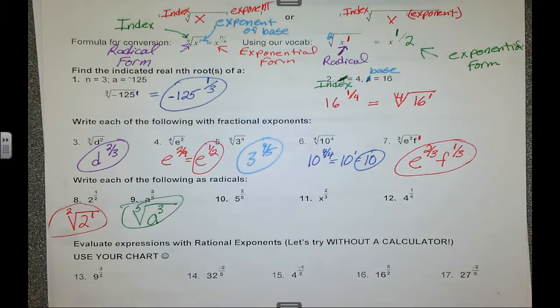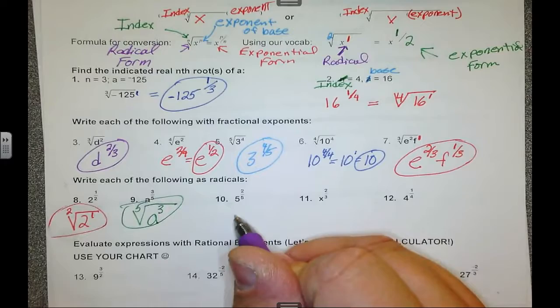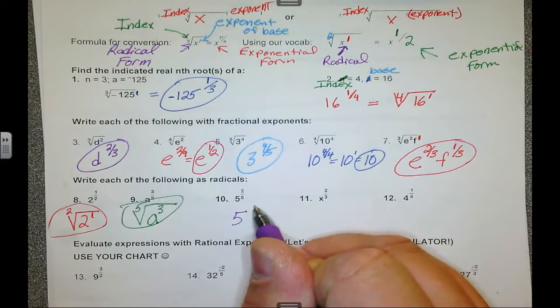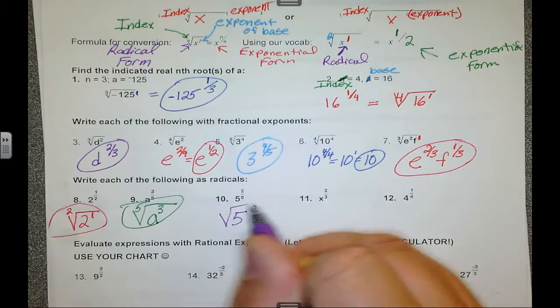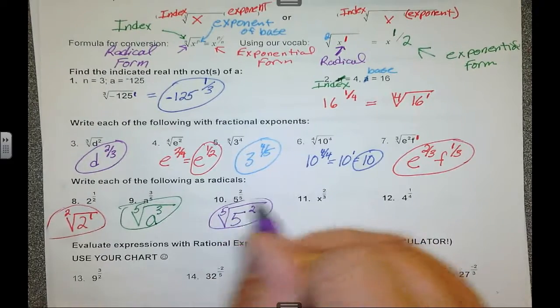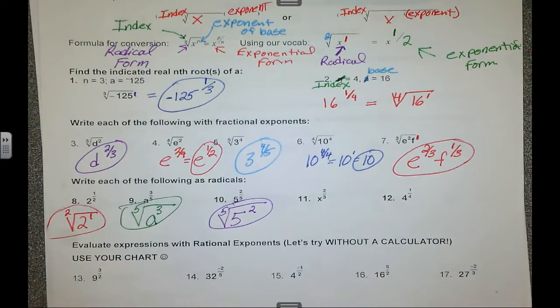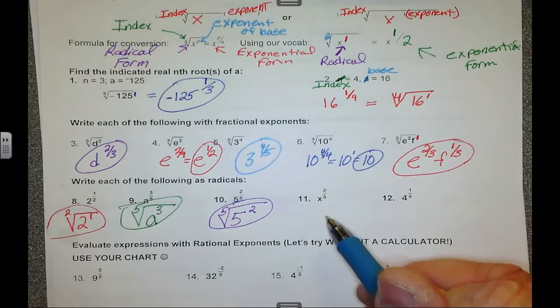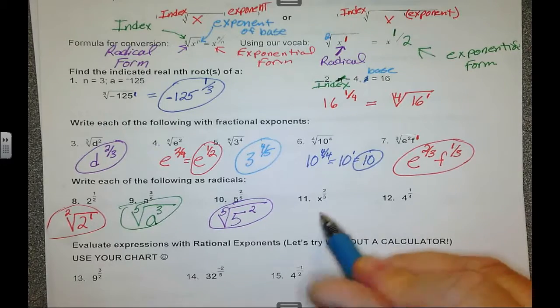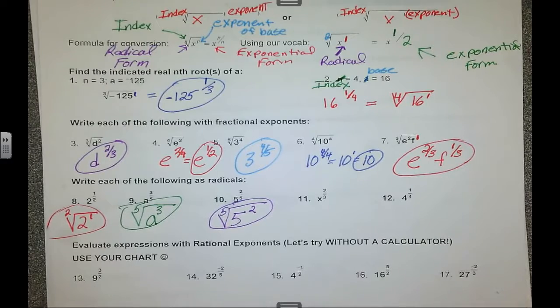Jacob, do the next one. Yep, that's what I thought. Base is 5. Exponent is 2. My index is 5. What's my base?